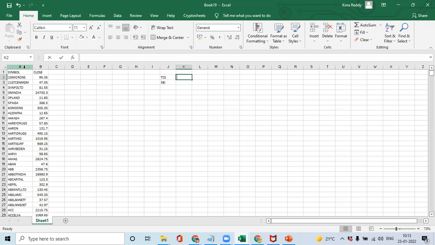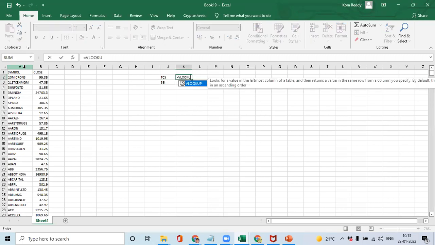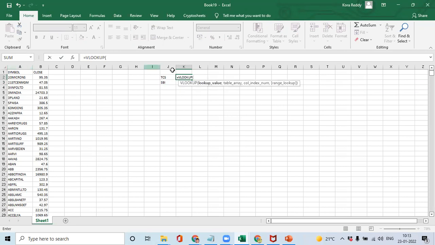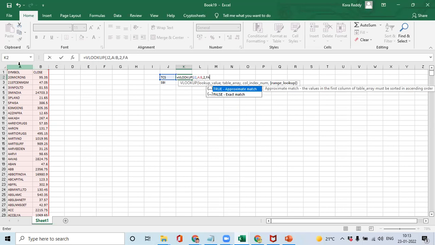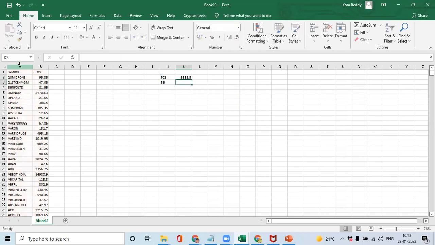So I use VLOOKUP of TCS, and it is the second item. So TCS price today is 3833. SBI is SBIN, I think. So 502. Right.